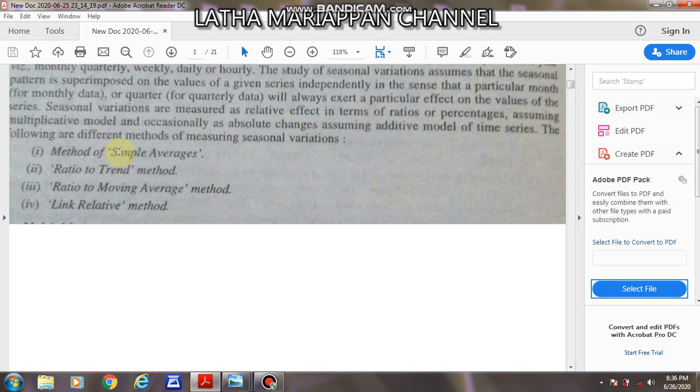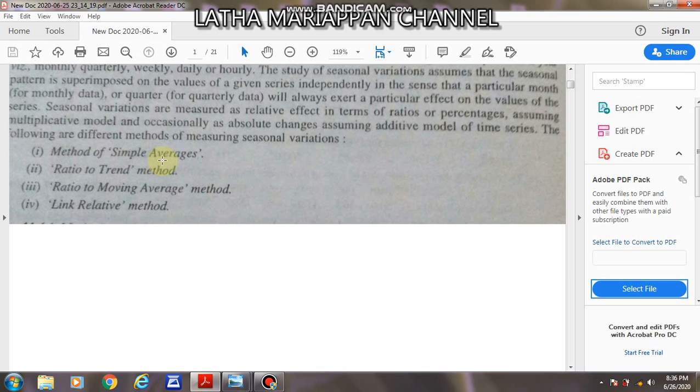In the simple average method, you add the given data, take the number of years or months they have given, and divide by that. You will get one number, which is called the average. Based on the average you can predict your future.